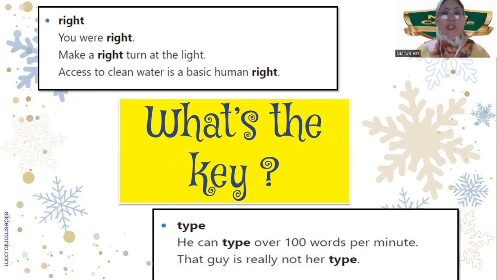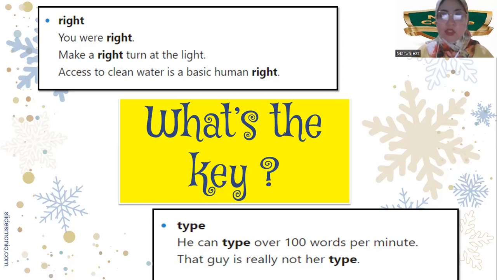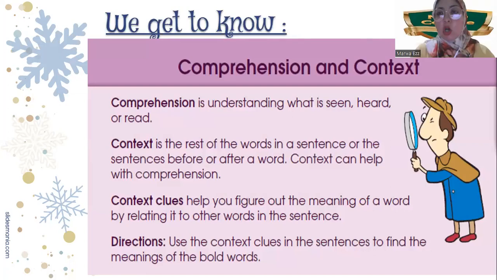Great, wonderful. So the first is a verb, type, meaning writing, and the second is a noun, meaning the same kind or the same traits as her. So I understand from the meaning of the sentence, the context, how to guess the meaning of each word. Okay, from these examples, I can get the rule and go through how to get the meaning of the new vocabulary in a context.